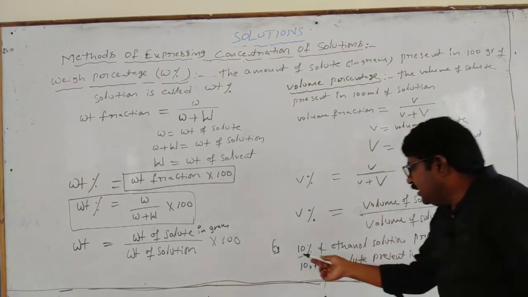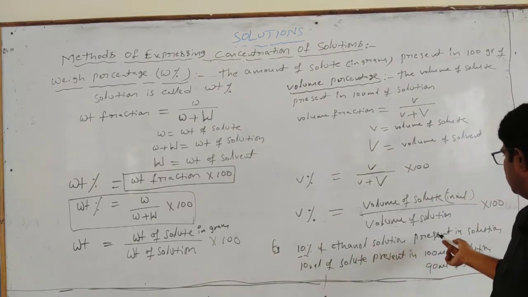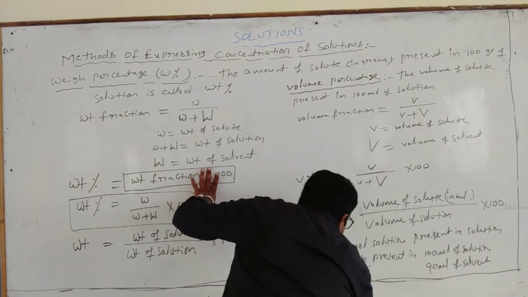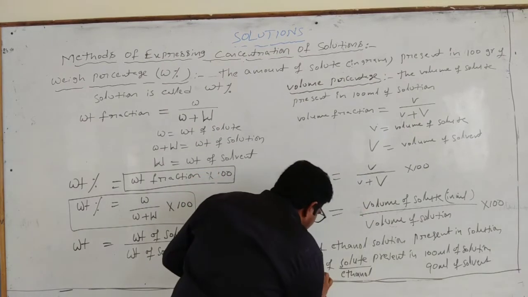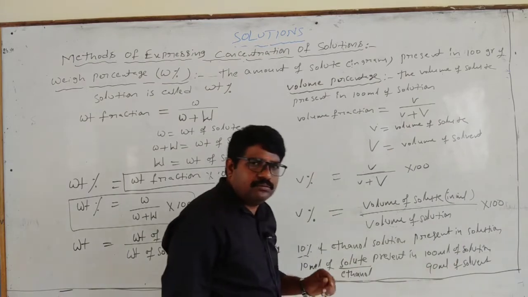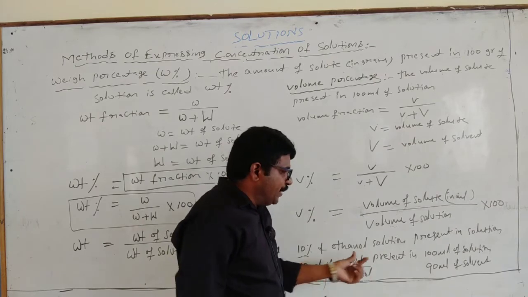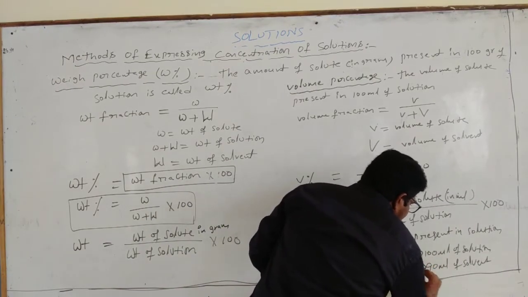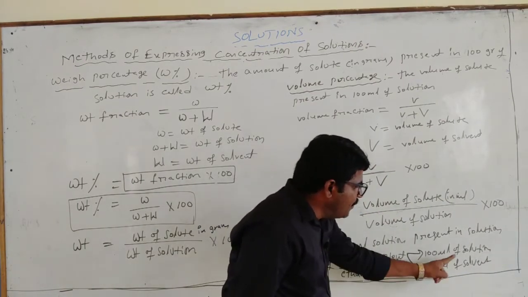So 10% of ethyl alcohol solution means the solute here is ethanol: 10 ml of ethanol present in 100 ml of solution, or 90 ml of solvent.